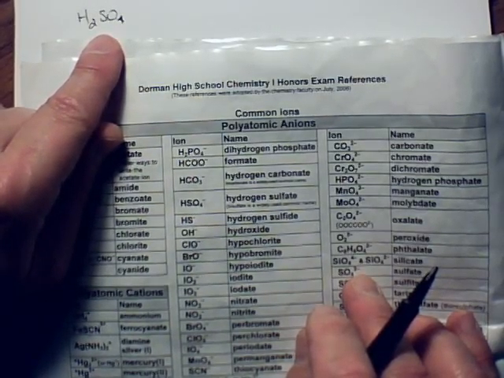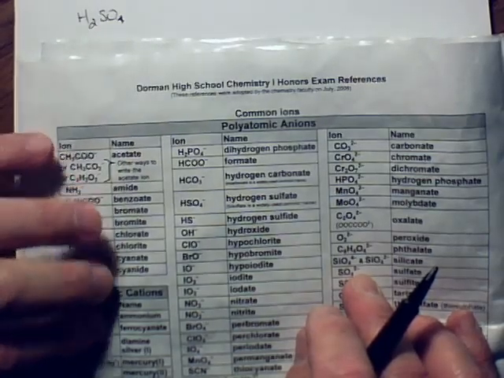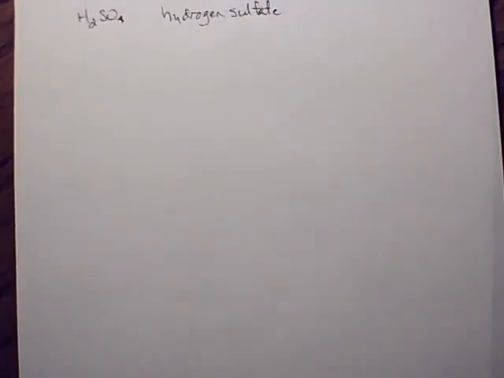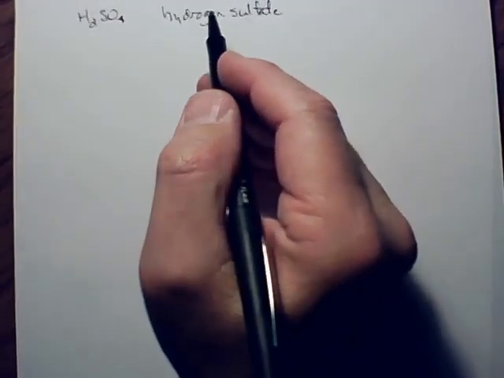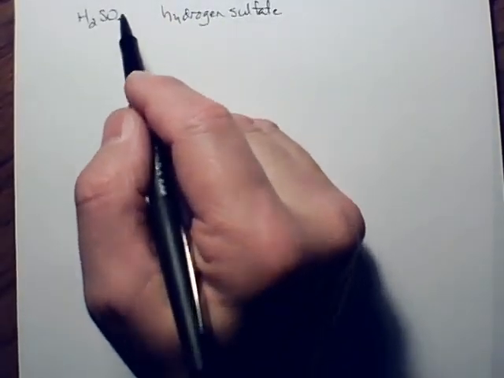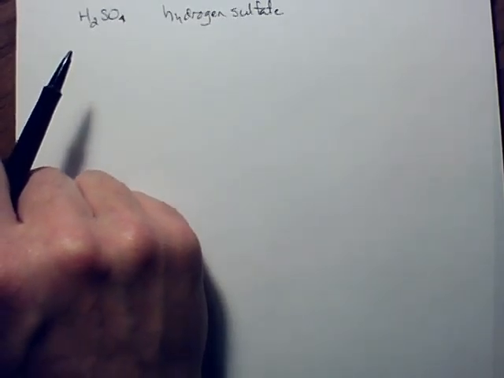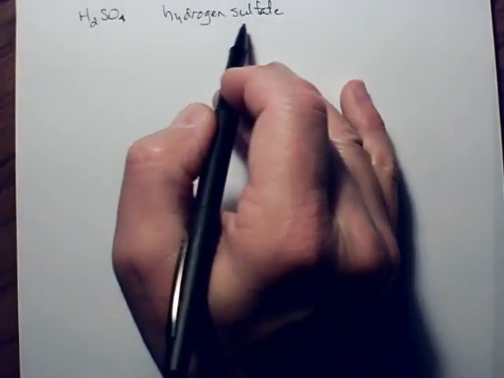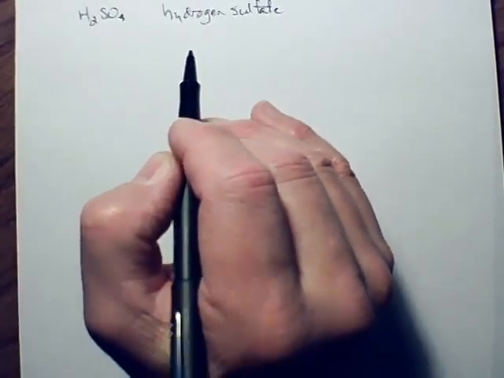No, I was just looking over you and trying to find it. Okay. SO4 2 negative is sulfate. You put two hydrogens on there, you get that. That also happens to be the name of an ion, where you have just one hydrogen and the whole thing has a negative charge. It's also called bisulfate. But for this naming process, we're going to start here.